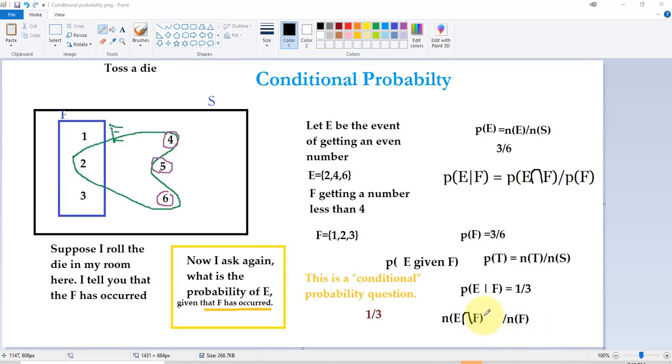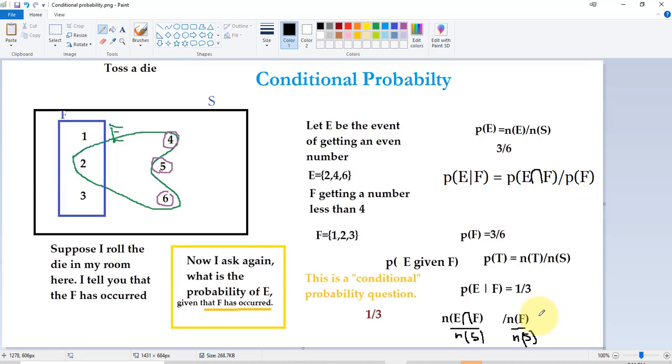So let me do that. I'll divide this by N of S, and I'll also divide this by N of S. So how does that help get me from this divided by this to this divided by this?